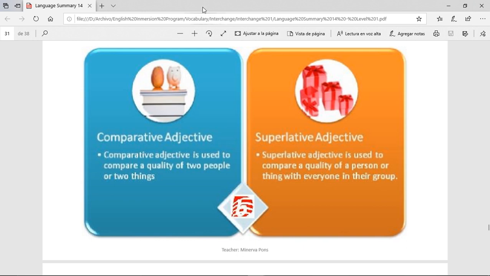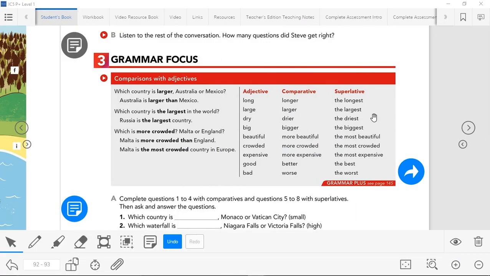Okay, so you can say, for example, that Malta is more crowded than England. It's comparing Malta with England. But if we say Malta is the most crowded country in Europe, it means that of all of the countries in Europe, Malta is the most crowded.